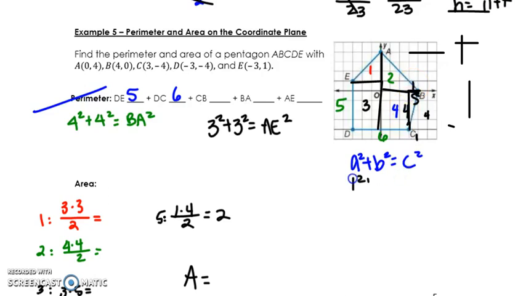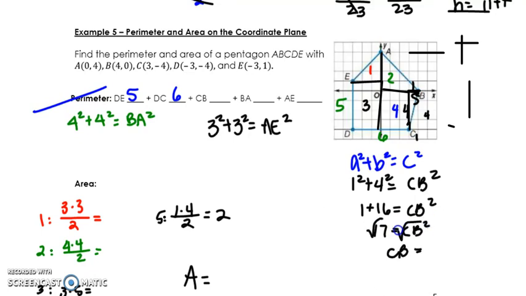So 1 squared plus 4 squared is equal to CB squared. That's going to give me 1 plus 16, so 17 is equal to CB squared. And then we want to do the square root to, again, undo something that's squared. So CB is the square root of 17, 4.12.